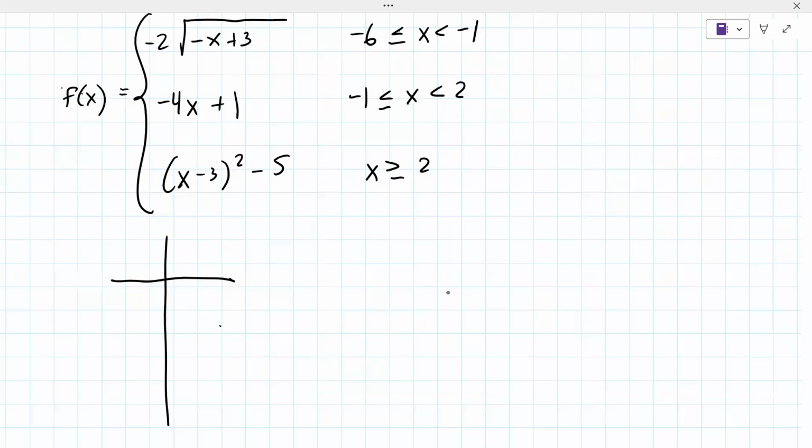We're using the first piece. The first piece is the top piece. Negative 2 square root of negative x plus 3. Yeah, but what are the two x values that go in there? What are the two x values from the domain over here? Negative 6 and negative 1. Okay, so those are the two x values that you're going to put into that top piece.